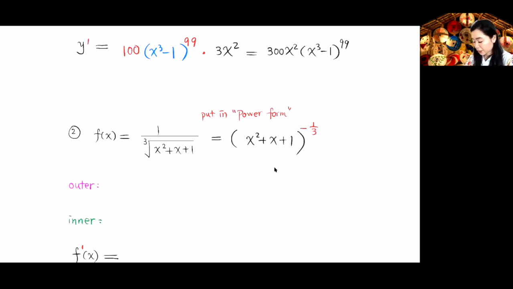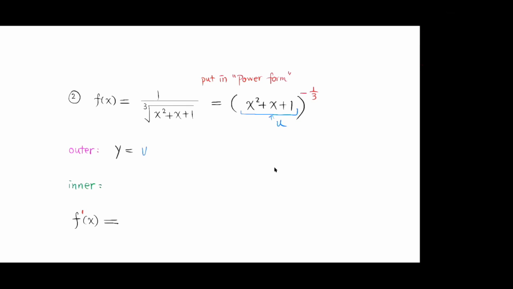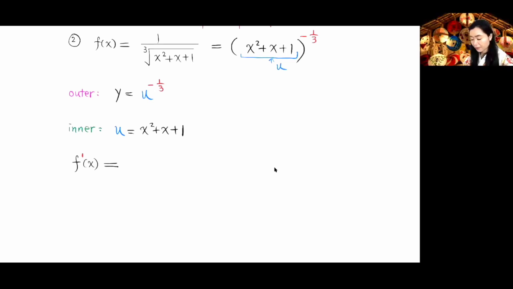So the inner function over here will be this, so that will be u. Okay, so the outer function is what? Oh, the negative 1/3. u to the negative 1/3 power. Yes, we got it. So the inner function will be x squared plus x plus 1.